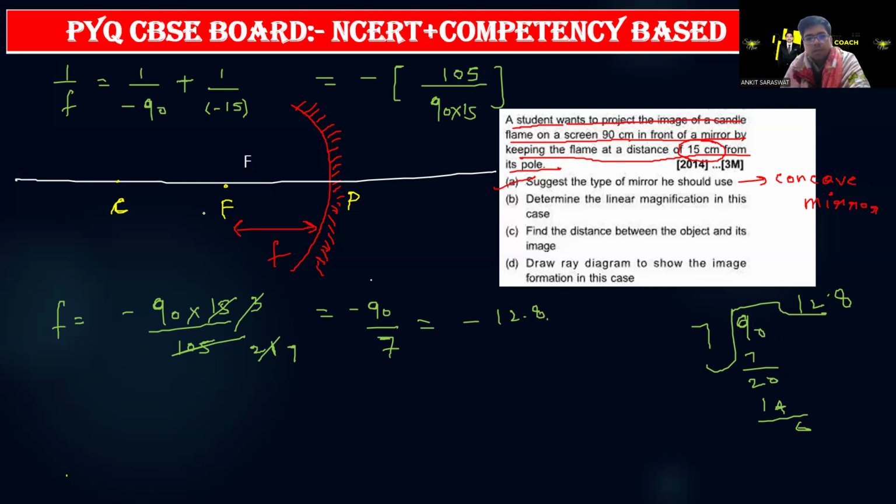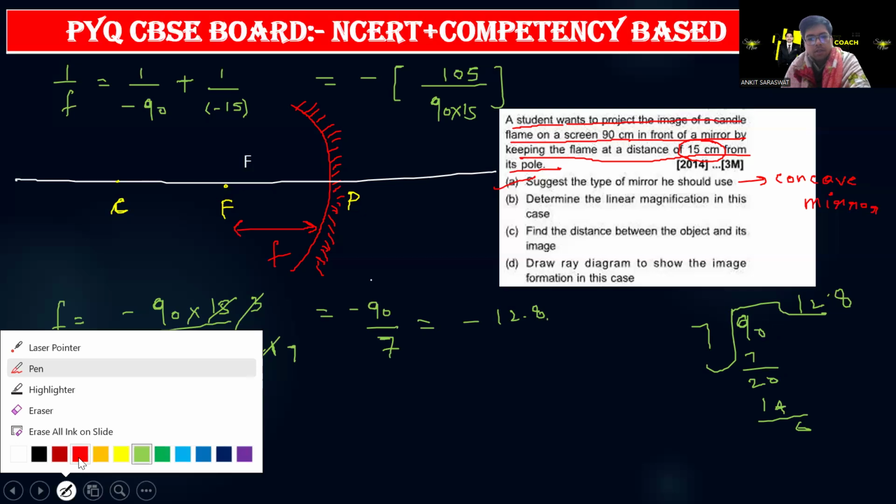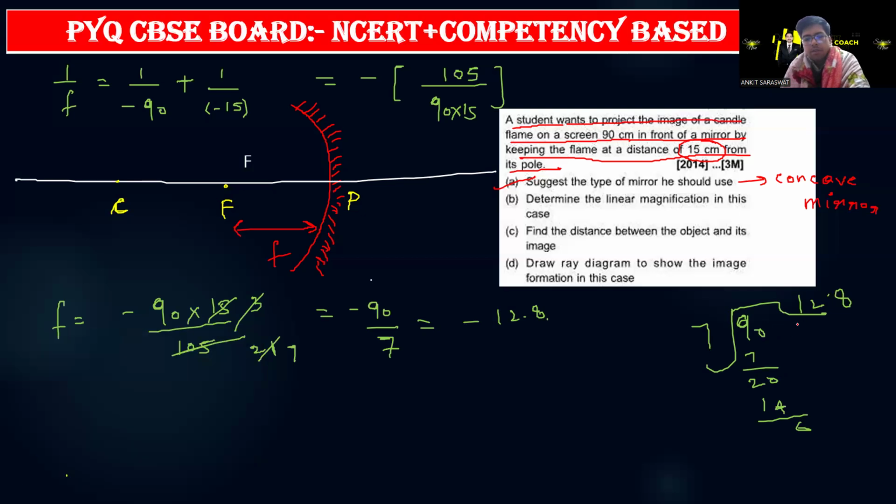So object is placed in between center and where? It is almost 12.8 something, but object is placed here, at 15. So I got a little bit of information regarding the object. Object is here. Now image is formed at 90, so it is beyond the center of curvature.